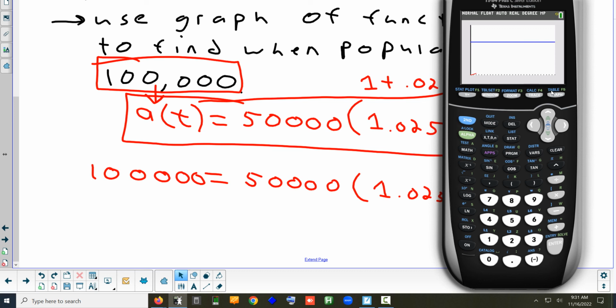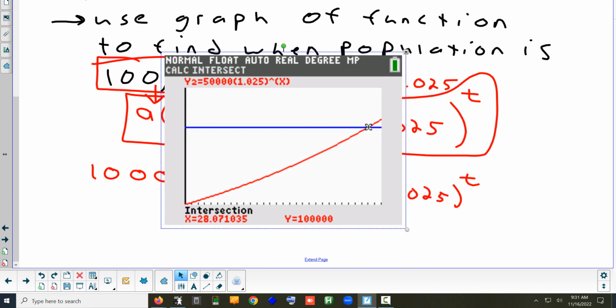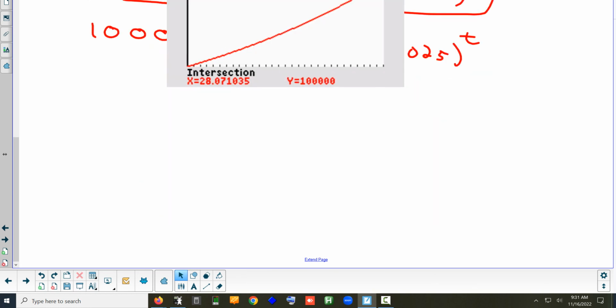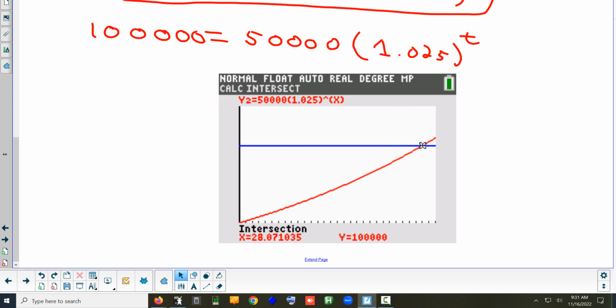There's my population growing. I think I'm going to get it. Yeah, I'm good. Okay, so just barely. If it didn't cross and it went off the screen, I would have just made X max a little bigger. So you can see it just starting to curve. And then second calc, find the intersect. So, how long is it going to take for the population to hit 100,000?